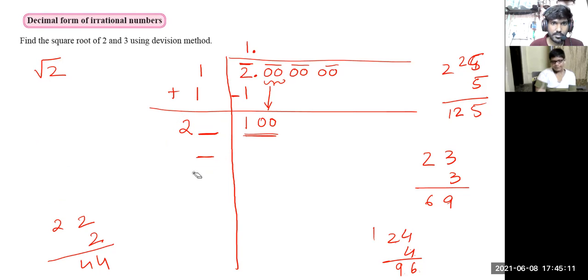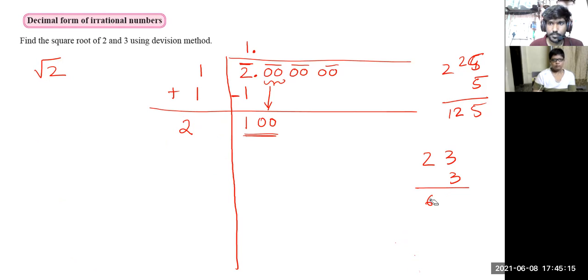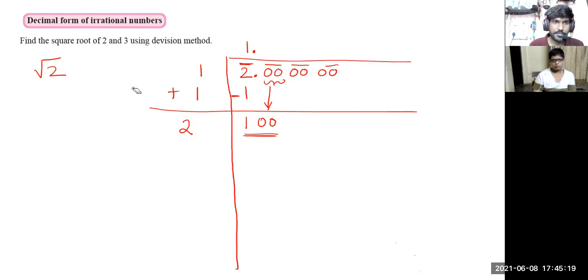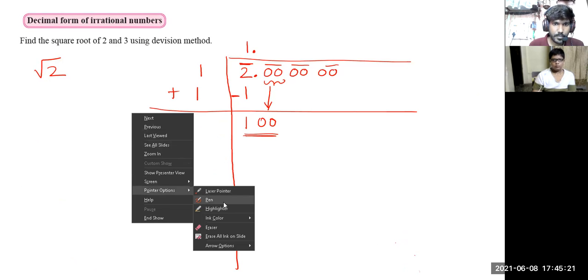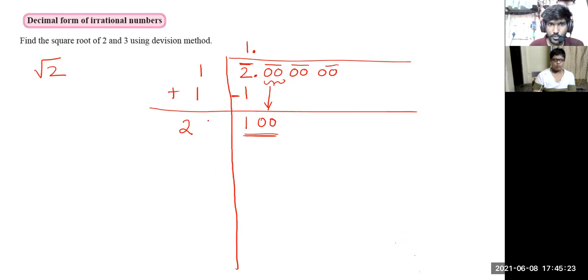I'll just erase this. So see that you do all this on the rough side. So I'll put 4 and multiply it with 4. So this should be added. And here also 4.